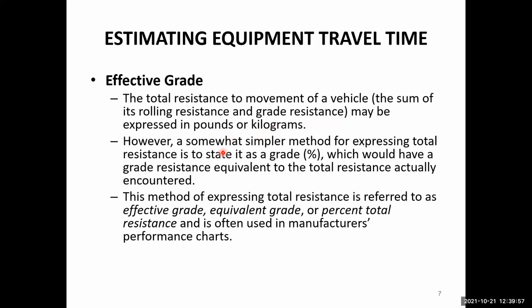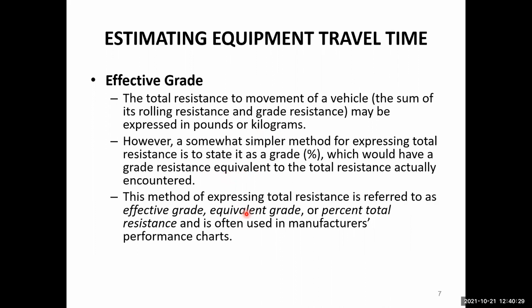However, a somewhat simpler method for expressing total resistance is to state it as a grade percentage, which would have a grade resistance equivalent to the total resistance actually encountered. So to make things simpler, instead of representing the resistance in terms of kilograms or pounds, those values may be converted into an equivalent percentage of grade. That will be called the effective grade.